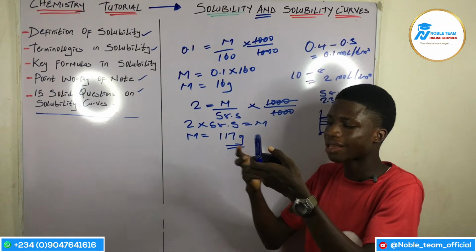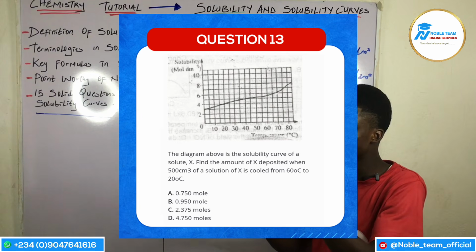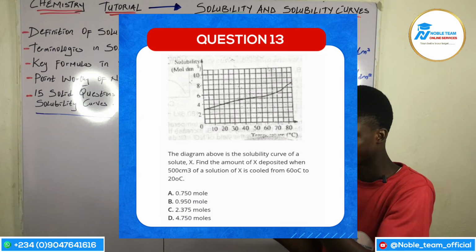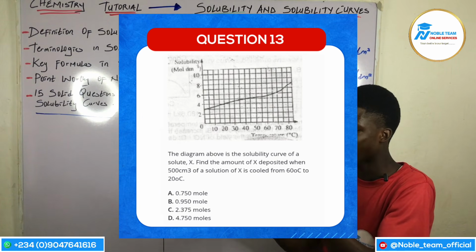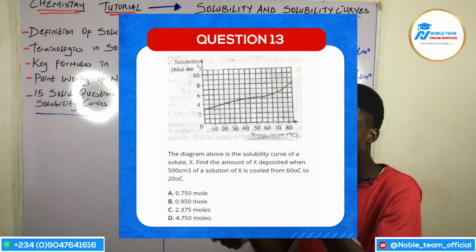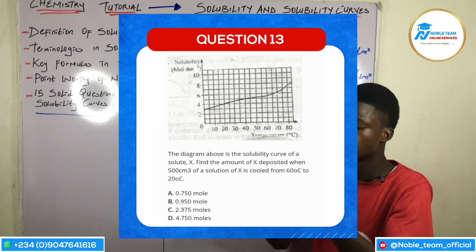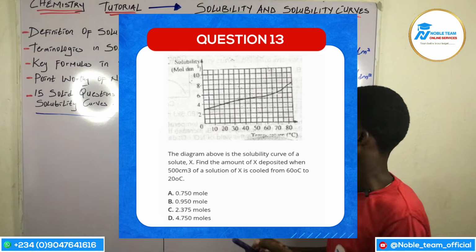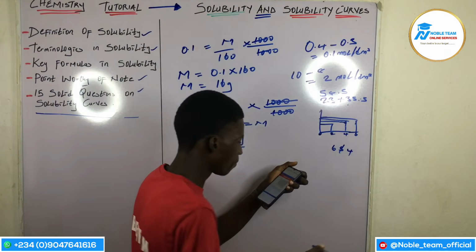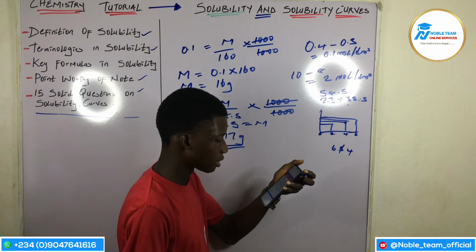It says the diagram above is the solubility curve of a solute X. Find the amount of X deposited when 500 centimeter cube of solution of X is cooled from 60 degrees Celsius to 20 degrees Celsius. Now for us to be able to get, what did they ask us to get?